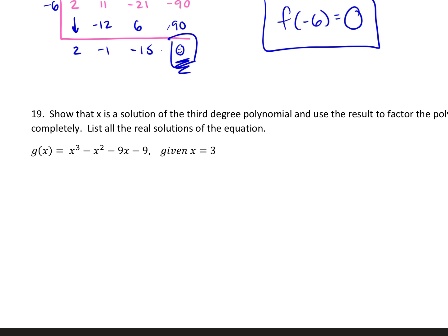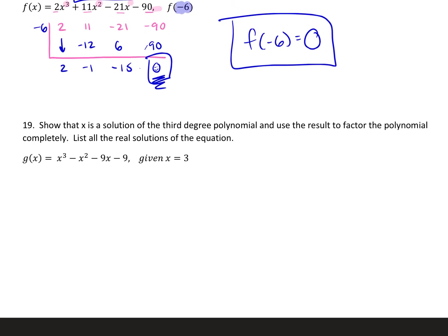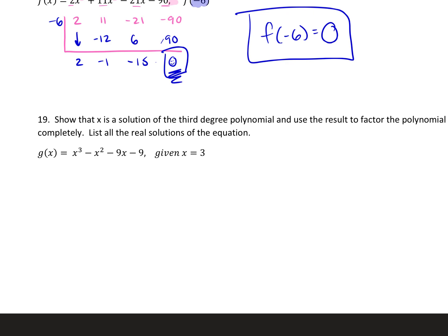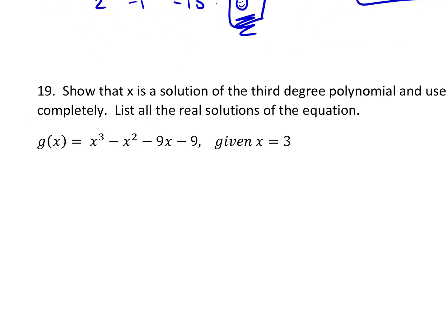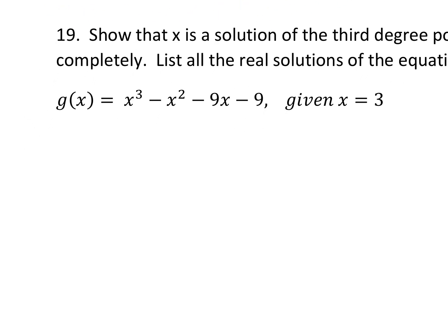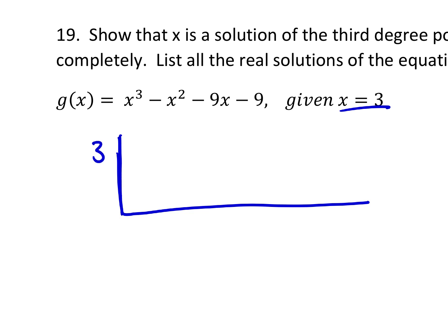So show that x is a solution of the third degree polynomial and use the result to factor the polynomial completely. List all real solutions of the equation. So I do the same thing that I did on the last one just to show that 3 is a solution. We need our remainder to be 0 if 3 is a solution. So I put all of my coefficients inside the box. 1, negative 1, negative 9, and negative 9.